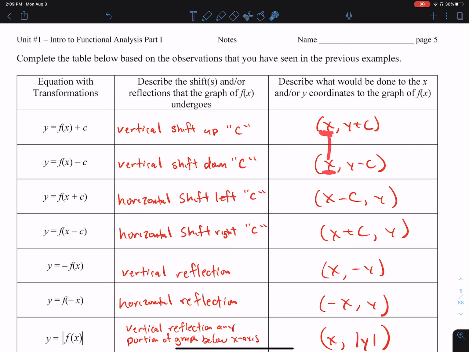This is the original x value. But the y value increases by whatever c is, or decreases by whatever c is. So in other words, if you had an ordered pair (2, 4) for the parent graph, the x value would still be 2, and the y value would be 4 plus whatever c is.